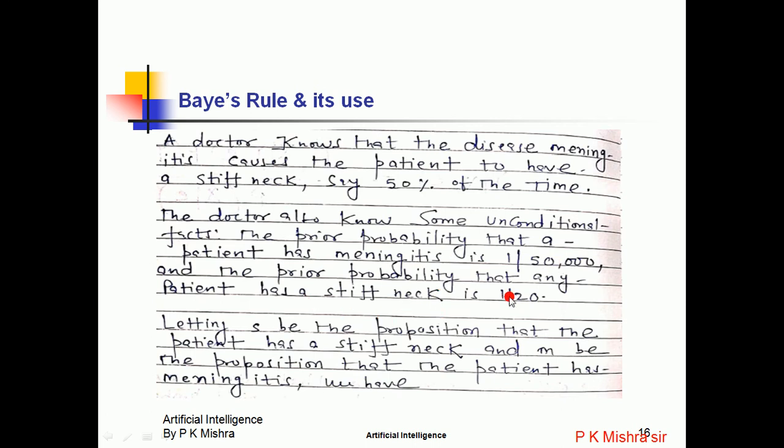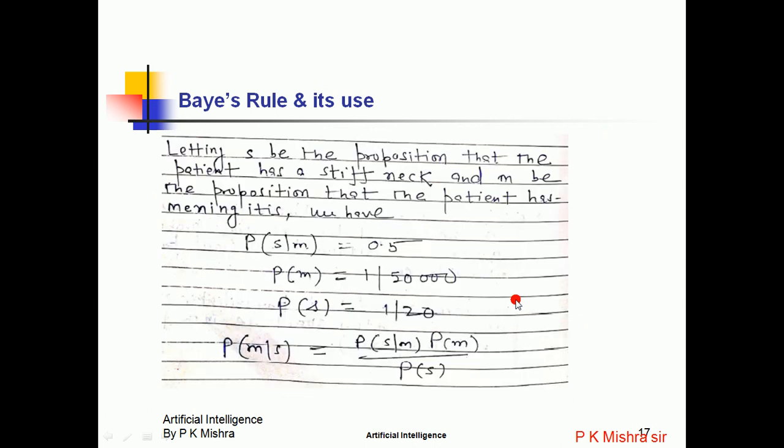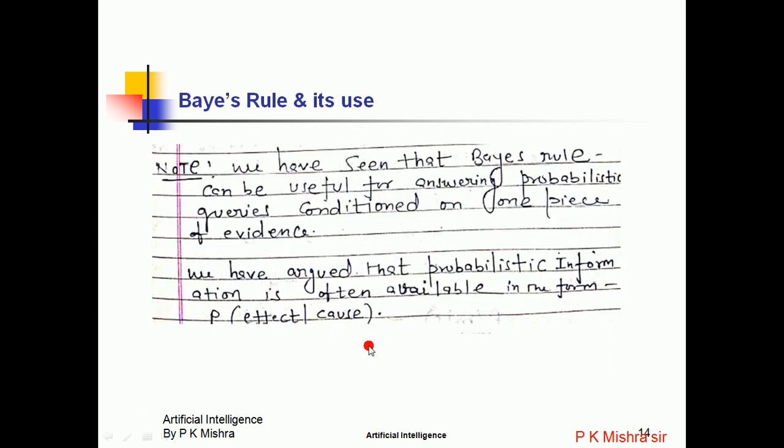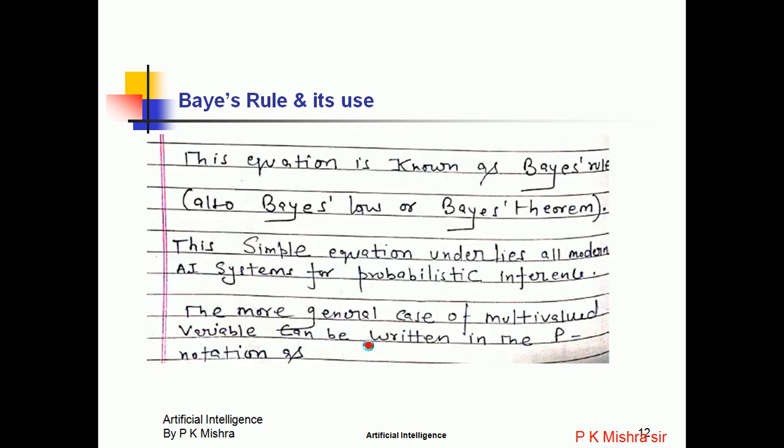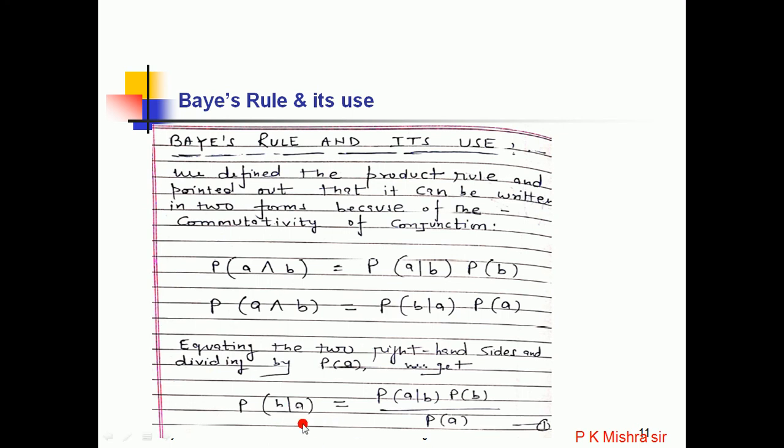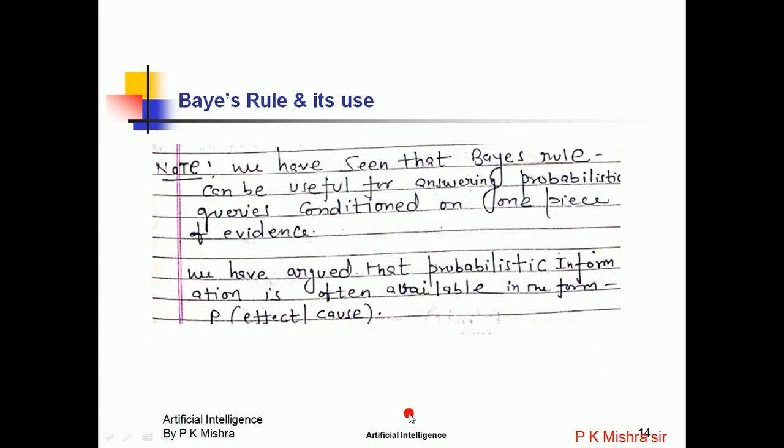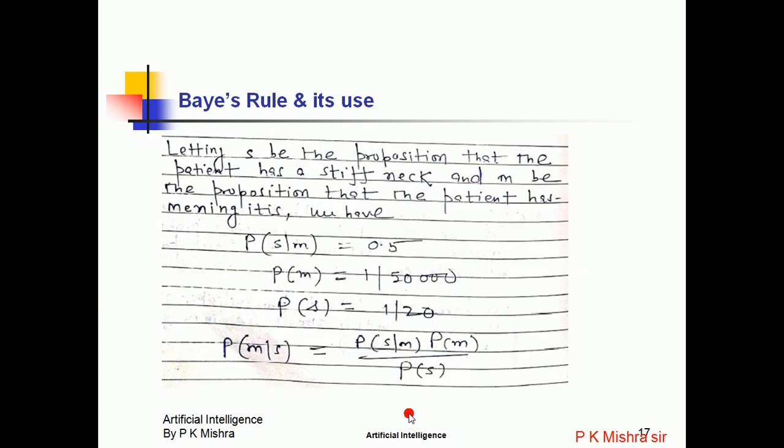So probability of meningitis given stiff neck equals, using this formula, probability of A given B times probability of B upon probability of A. Probability of meningitis given stiff neck equals probability of stiff neck given meningitis times probability of meningitis upon probability of stiff neck.